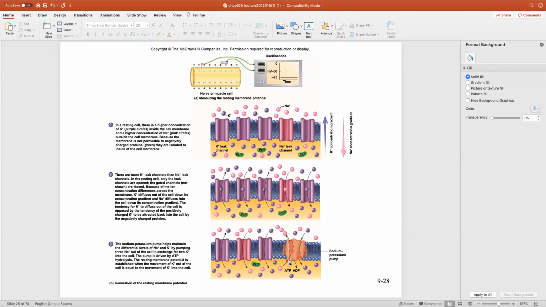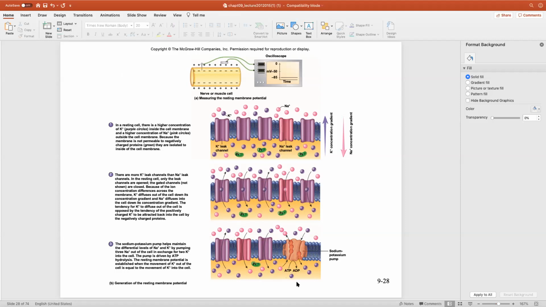but some of the potassium that moves in, some of it leaks back out through potassium leakage channels. And we know there are a lot more potassium leakage channels compared to sodium leakage channels, right? So potassium leakage channels allow potassium to go from high concentrations inside the cell. Why do we have such high concentrations inside the cell? Because the sodium-potassium pump pumps in potassium.